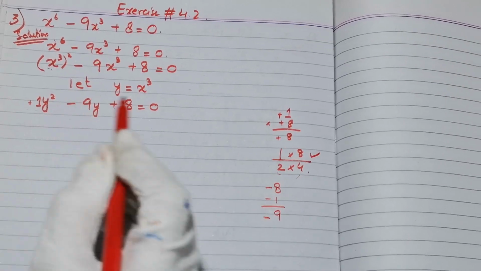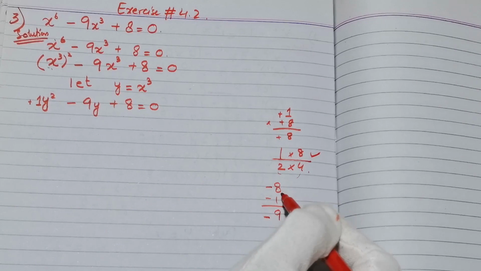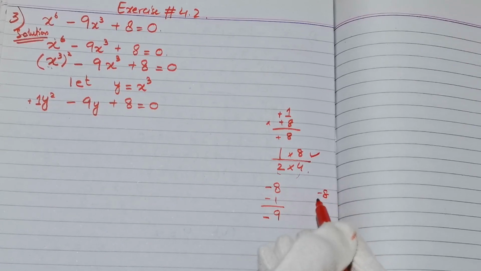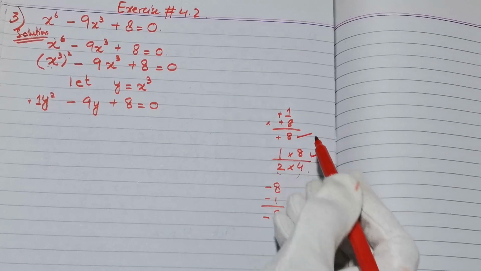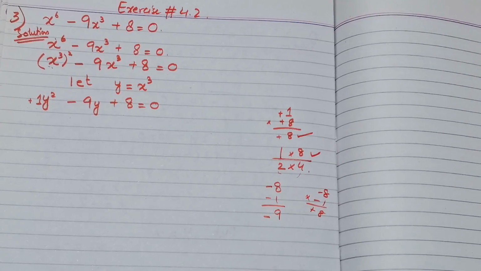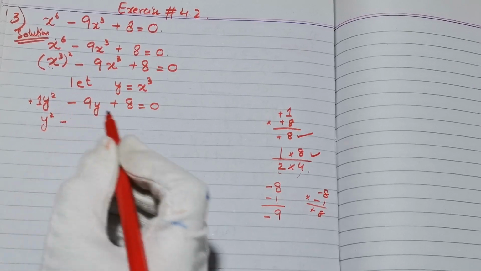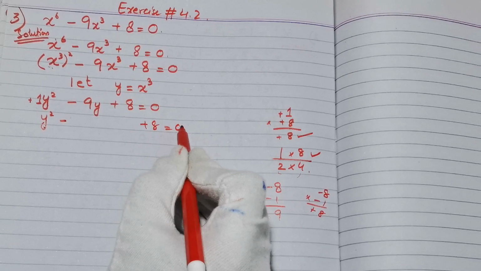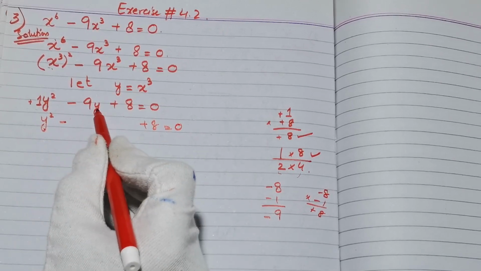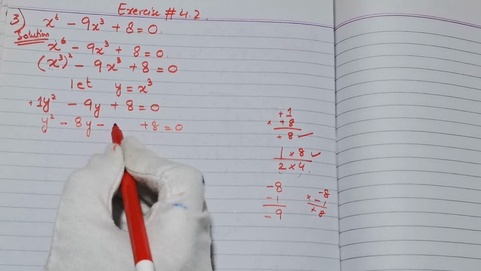It means the factors are minus 8 and minus 1. And if we multiply minus 8 and minus 1, we get plus 8. So our criteria is fulfilled. So we write y squared plus 8 equals 0, and minus 9y will become minus 8y minus y.